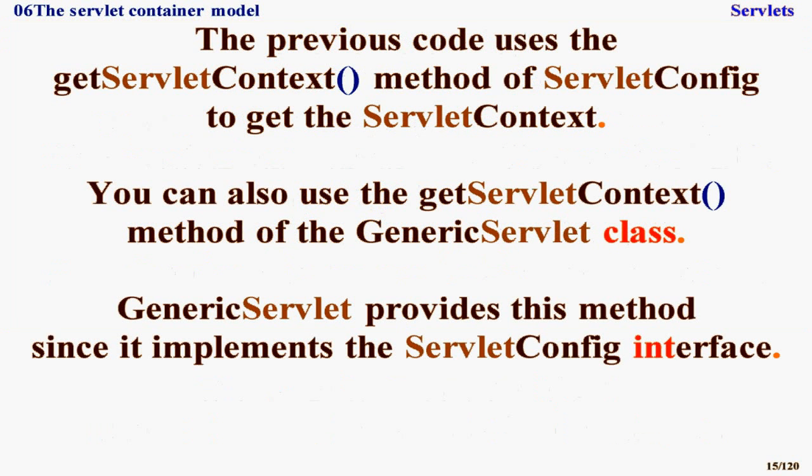The previous code uses the getServletContext method of ServletConfig to get the servlet context. You can also use the getServletContext method of the GenericServlet class. GenericServlet provides this method since it implements the ServletConfig interface.